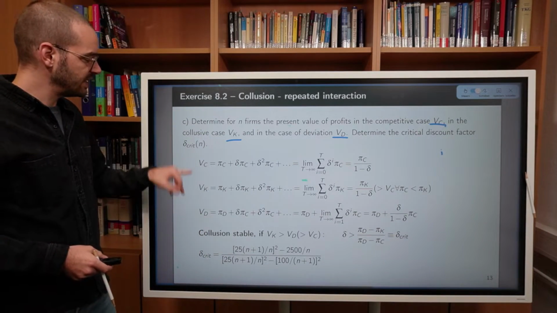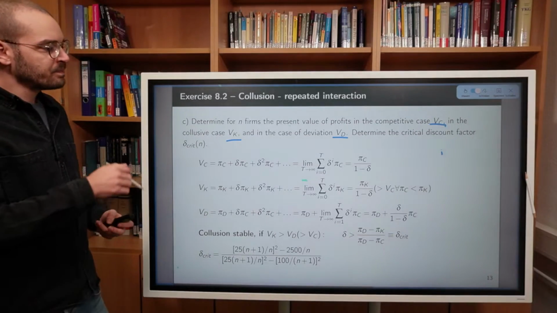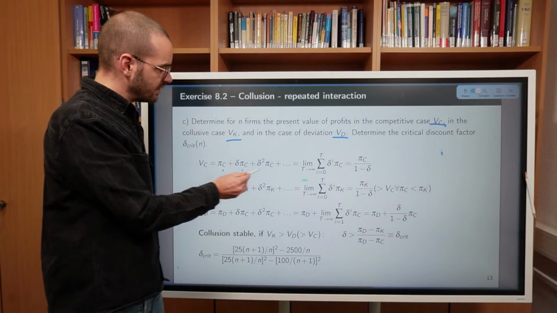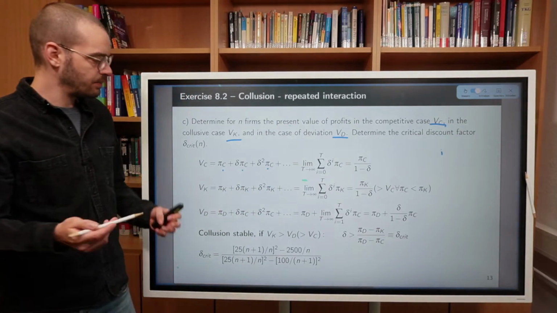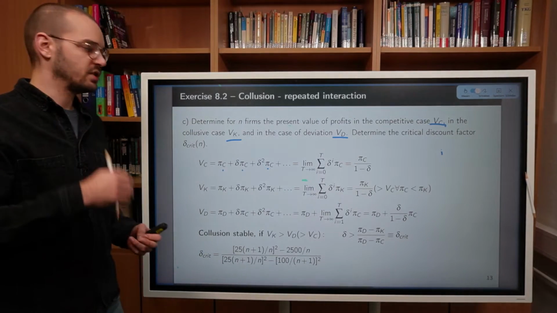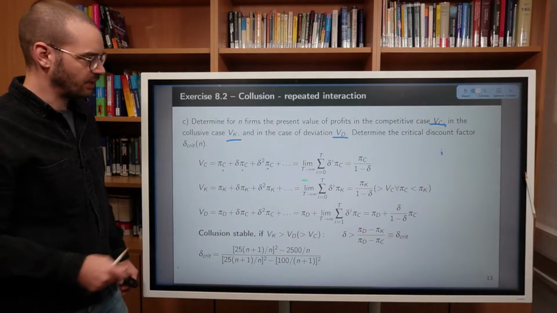So VC, the present value of competition. Now, if firms choose to compete, well then in each and every single period they make profits pi c. There is no difference in profits happening, they just stick to this strategy. In each and every period they gain these profits.